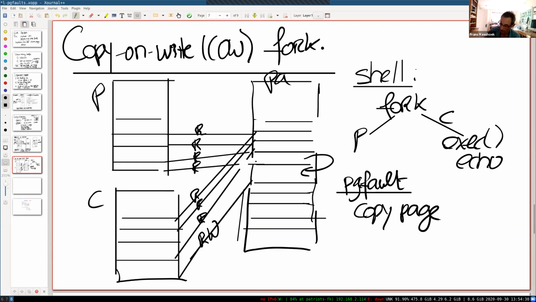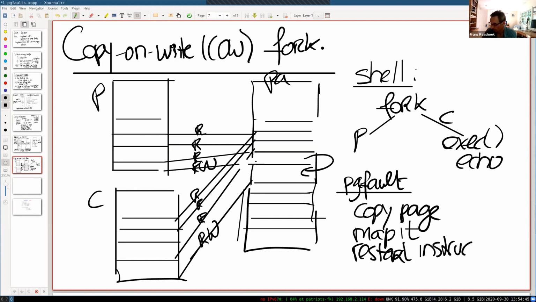And in fact, the page that we actually faulted on, we can also now map read-write into the parent. And so we copy the page, map it, and restart the instruction. And restarting the instruction really means doing user return, the same way that we returned to user space in last week's lecture.